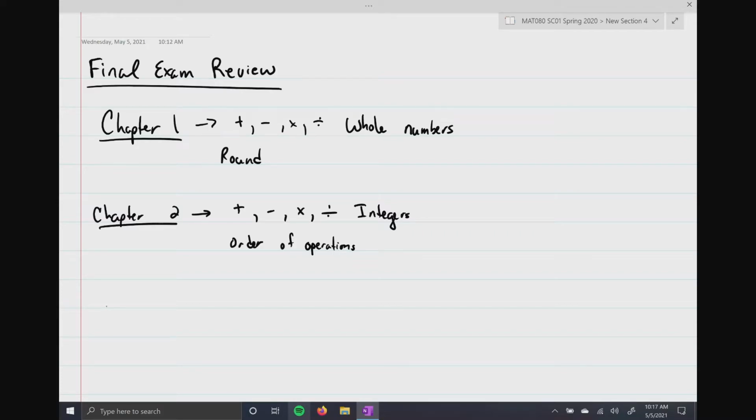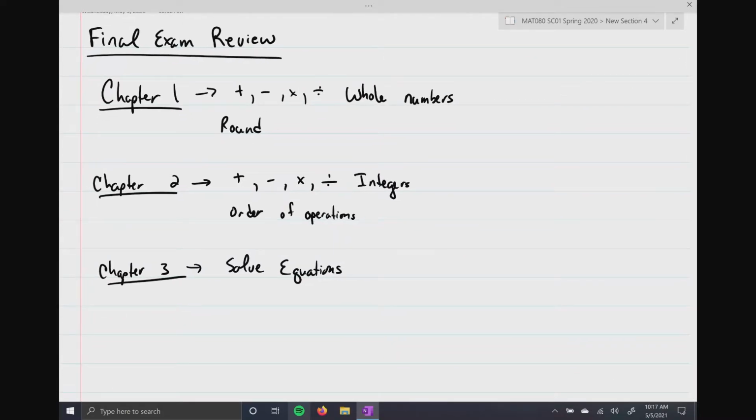Chapter 3 was very small. It was very short. All we did was solve equations. Chapter 4.